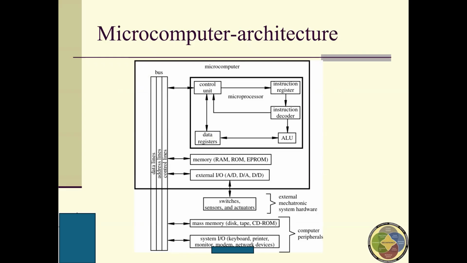Now we are showing what the microcomputer is. This is the CPU, and what do we have in the CPU? We have the control unit and data registers, ALU, instruction decoder, and instruction register. So this is called the microprocessor. Okay, so this is called the CPU.